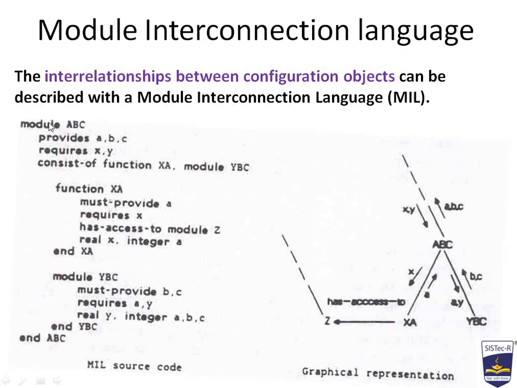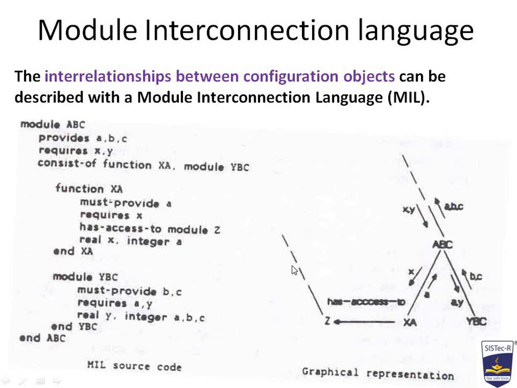Module ABC provides ABC, going out in this direction, meaning data is going out, and requires XY means it gets input of XY. It consists of function XA and module YBC. So XA and YBC are the functions, and there is a module YBC, function XA.